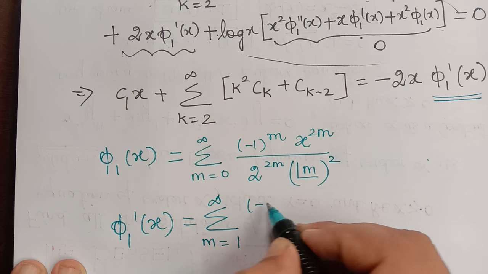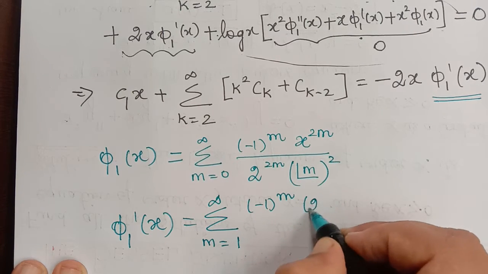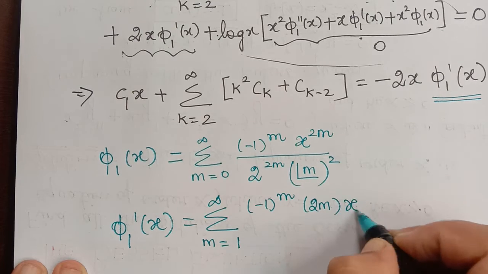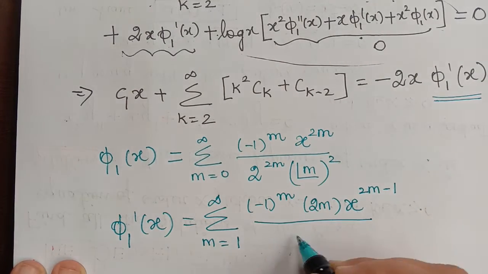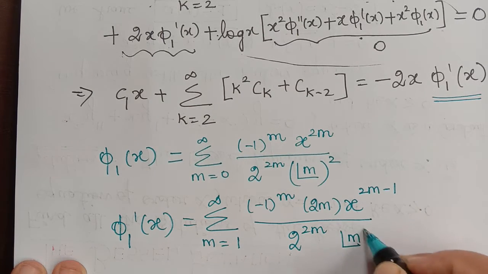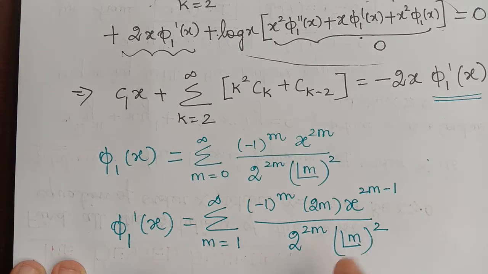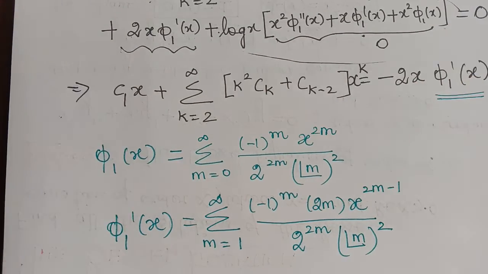These are constants which will remain the same, and when differentiated it will become 2m multiplied with x to the power 2m minus 1 divided by 2 to the power 2m and then m factorial the whole square. Now this quantity we have to substitute here. So let us do that.